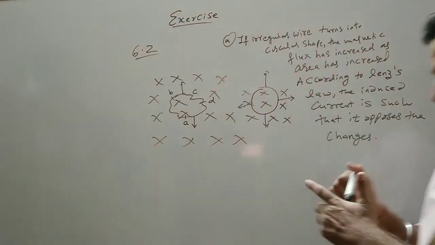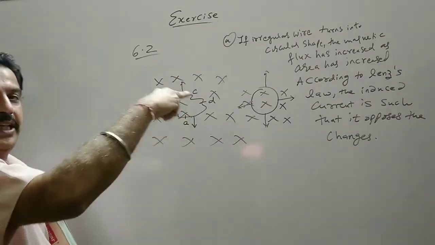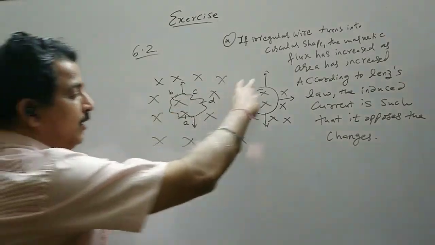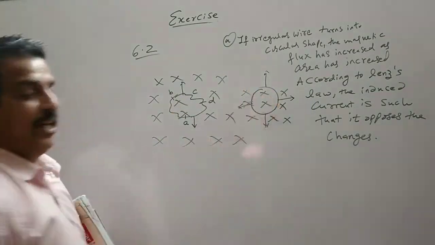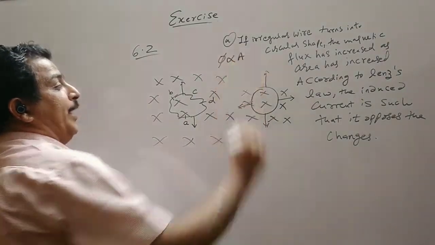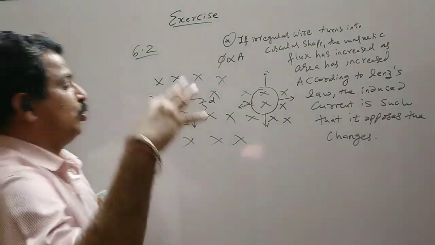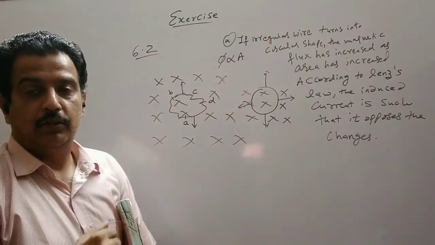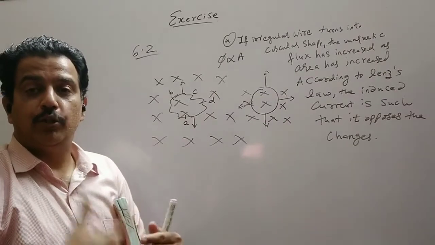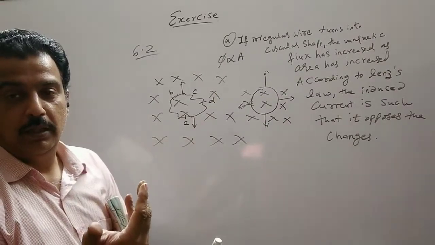So initially, suppose we have only 3 lines or 2 lines going into it. Now when it turns into a circular shape, more number of field lines will pass through it because flux is proportional to A. We don't want the field to go inside. So the current should be induced in such a way that it opposes. So our field line should come out.